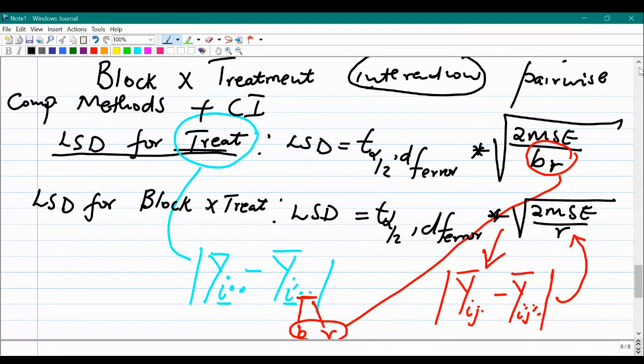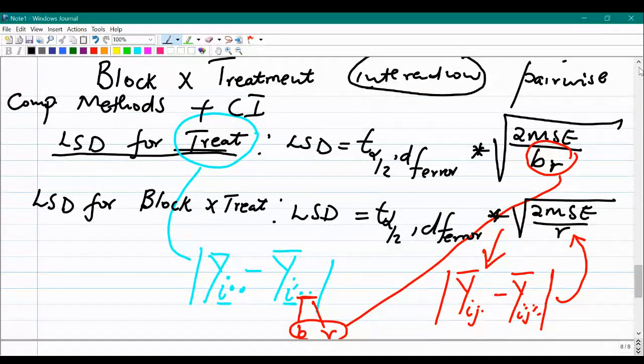But even if you rejected the null hypothesis for blocks by treatment, a follow-up question can come and say check the difference between treatment means. But you are not asked to test for it; you are asked to check if there's a difference between some of the treatment means. Your question, my brother, is very, very important.